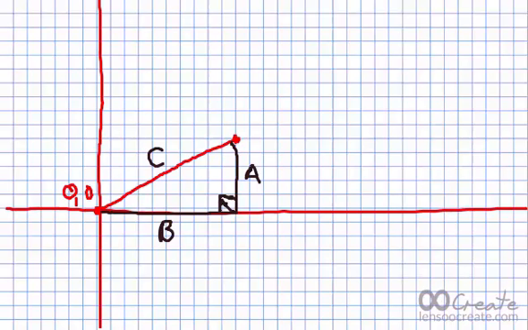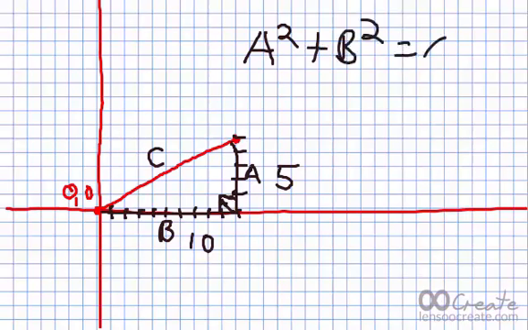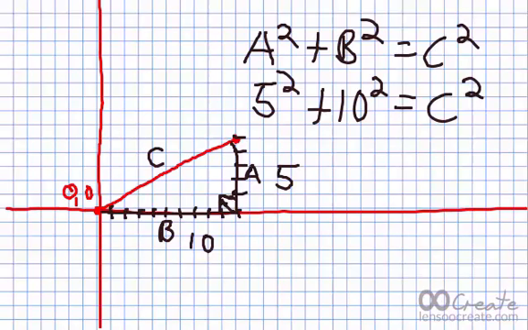We can measure A by counting 1, 2, 3, 4, 5, up. We can measure B by counting 1, 2, 3, 4, 5, 6, 7, 8, 9, 10. So if we use our Pythagorean theorem, then we get 5 squared plus 10 squared equals c squared.